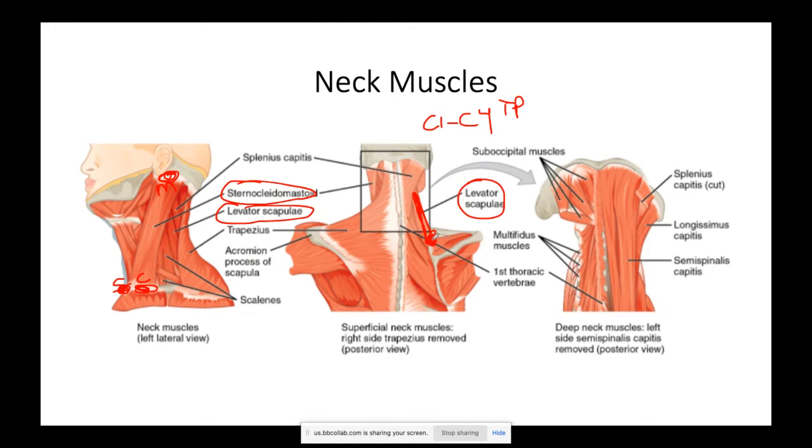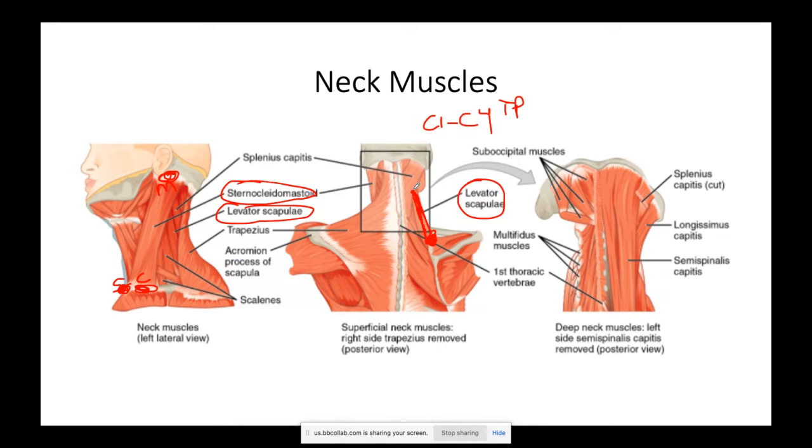Or the origin can stay still and then the insertion moves. And if that happens, now unilaterally on one side, that would be like holding a telephone next to your ear. So if you were like this and you tilted your head, that lateral flexion of the cervical spine is what the levator scapula can do unilaterally.